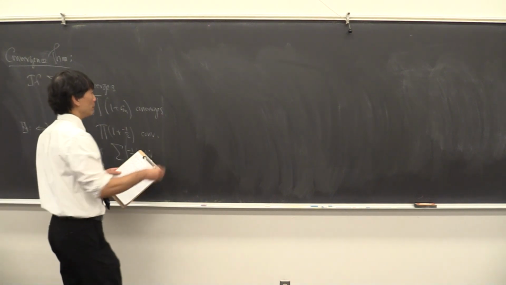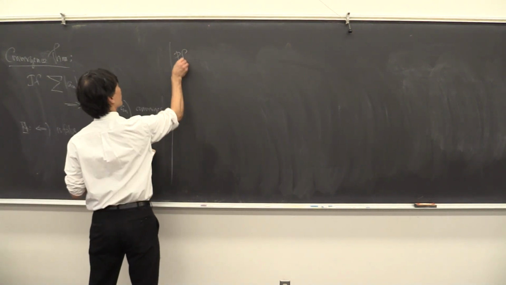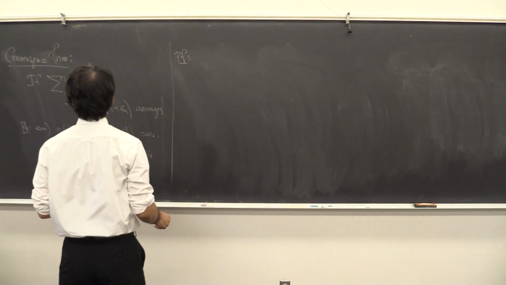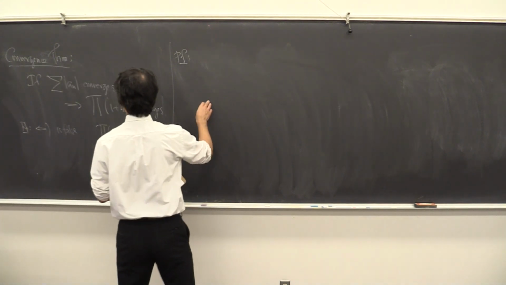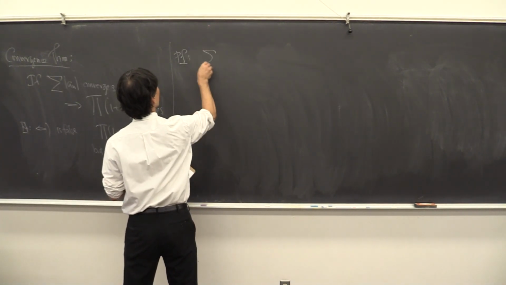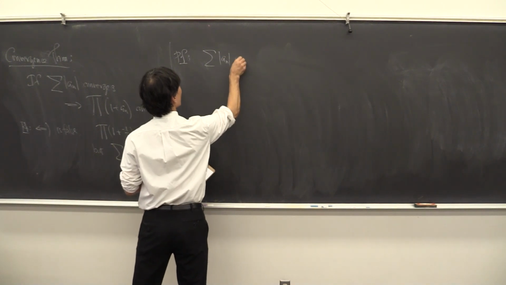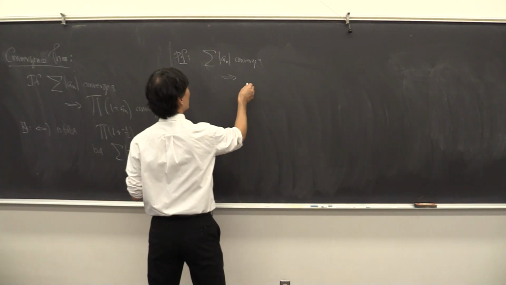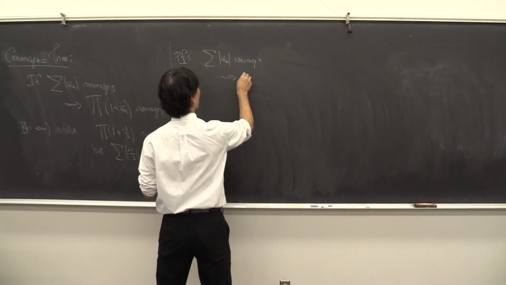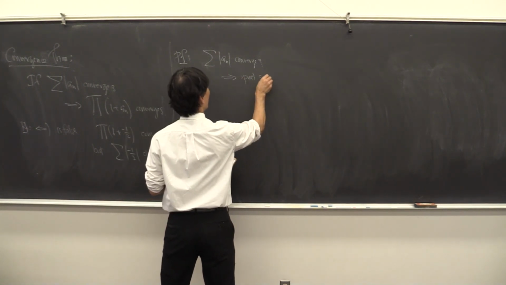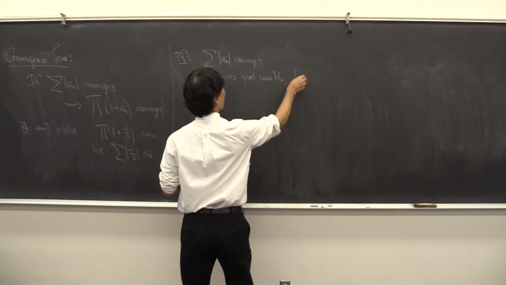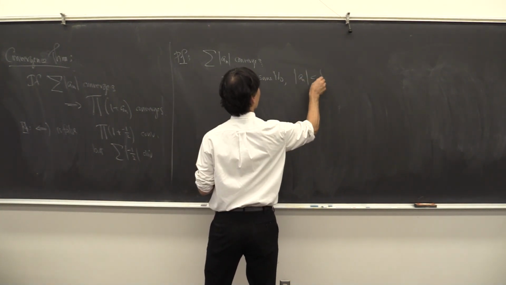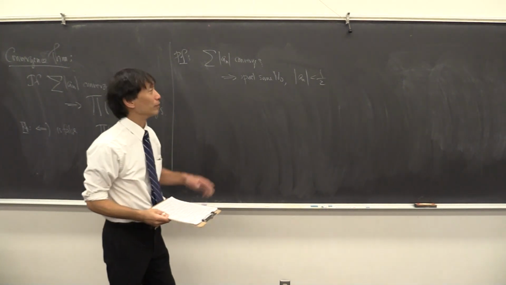Okay, so here's the proof. You say, well, this thing converges. So eventually, past some point, all of these guys are smaller than 1/2, right? Because of convergence.